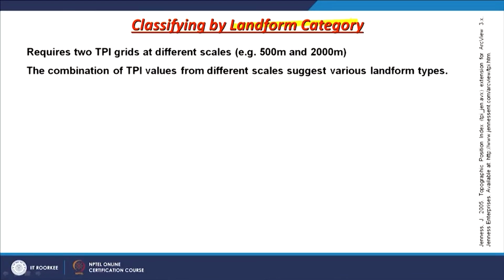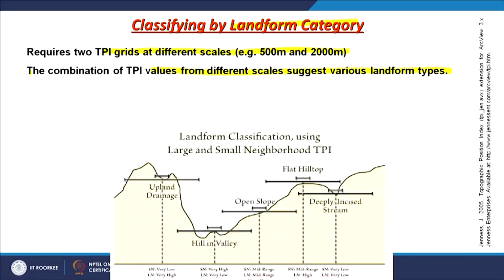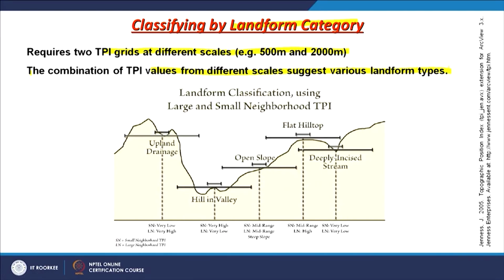We have also seen examples where you require two TPI grids at different scales, say 500 and 2000. Combining TPI values from different scales suggests various landform types, like here we can combine and come up with this one and this one.